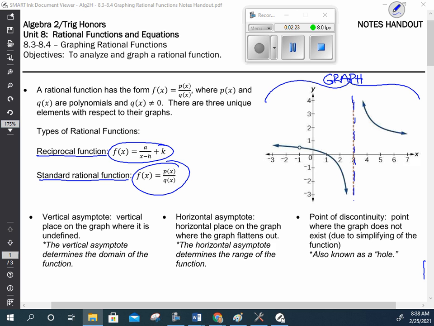There's a special name for that, called the vertical asymptote. The vertical asymptote is where the graph would be undefined. So the vertical asymptote determines the domain.